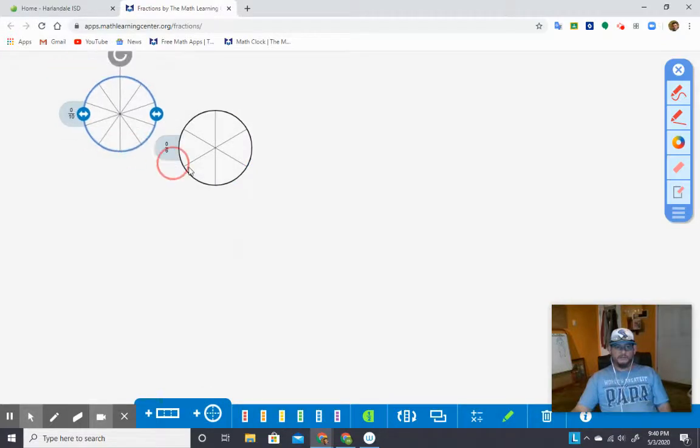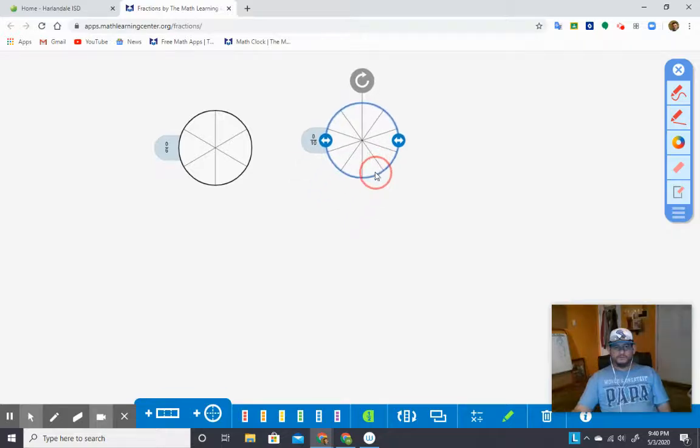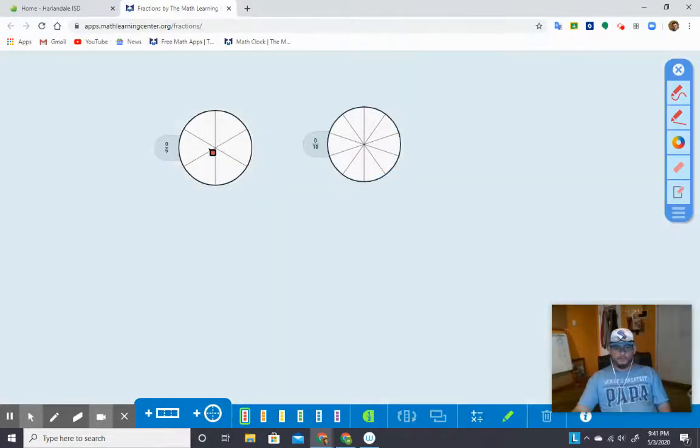Okay? So what I'm going to do is I'm going to shade in 3 parts. 1, 2, 3. Now, this one, I'm going to shade in 6 parts.